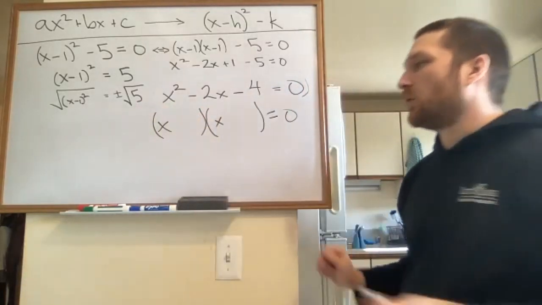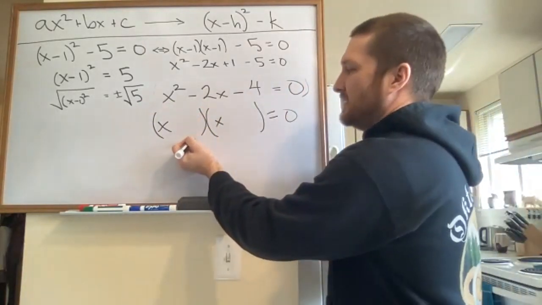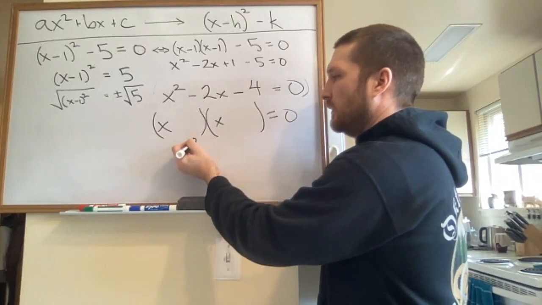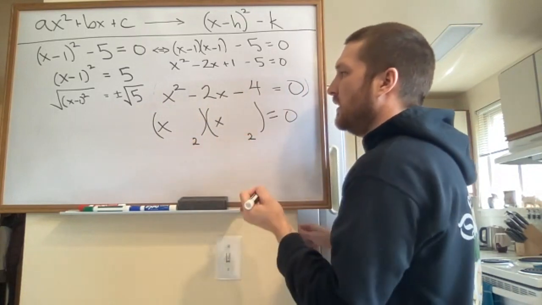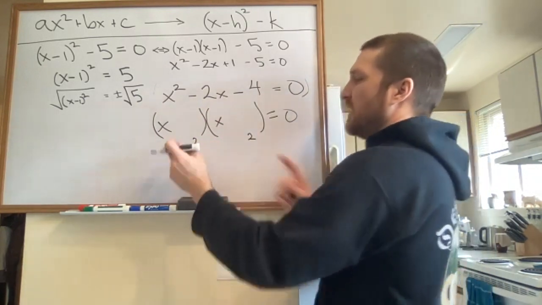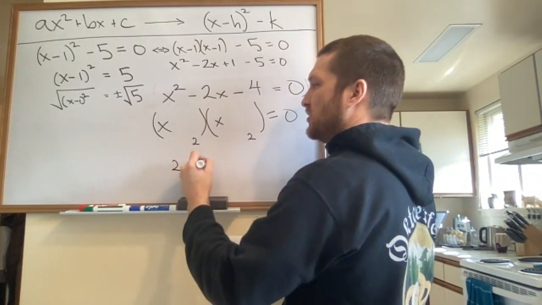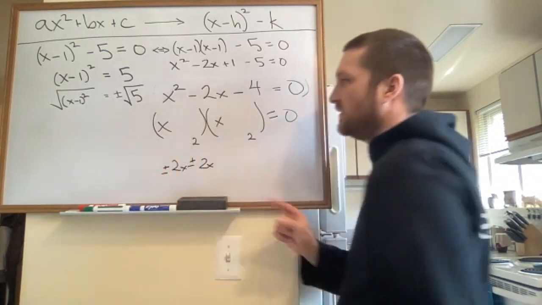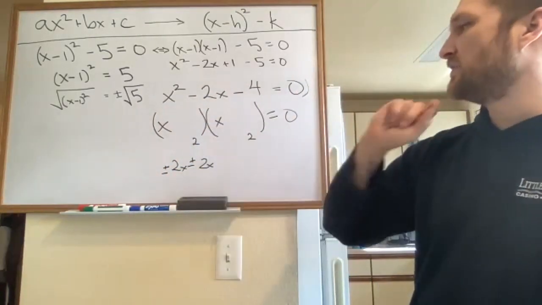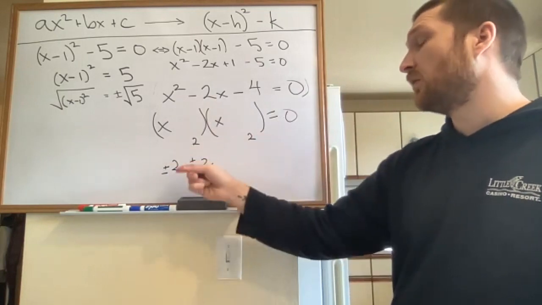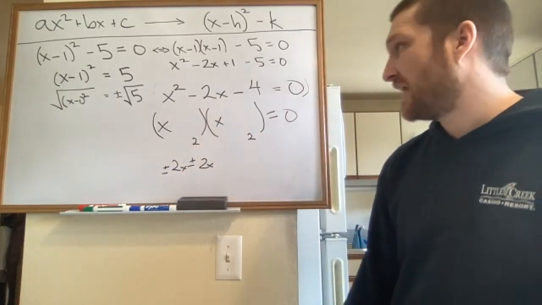We have a 4, so what are my possibilities here for the last? 2 and 2. 4 and 1. So let's do 2 and 2 first. You'd have 2x and 2x. There's no way to plus or minus those to give me a minus 2x. Is there? No, you'll get a 0 or you'll get a 4. So that's not going to happen.